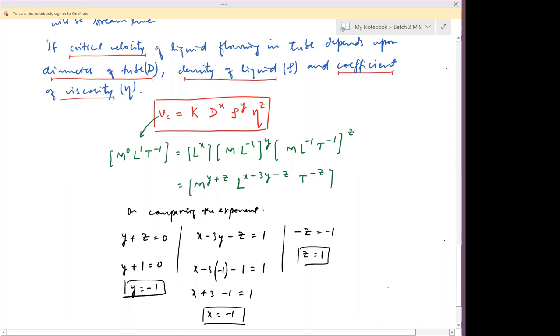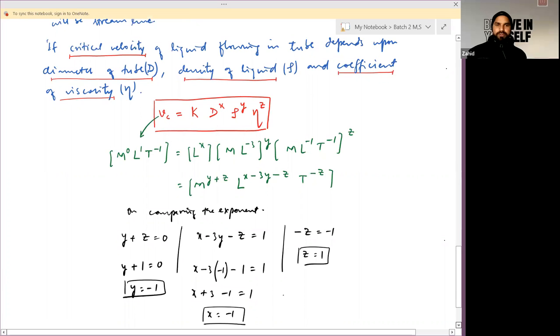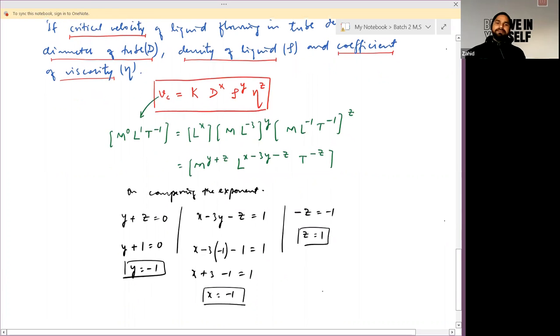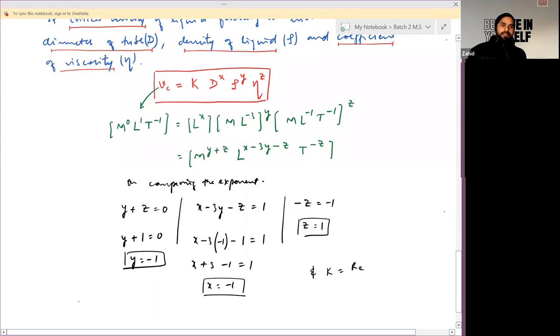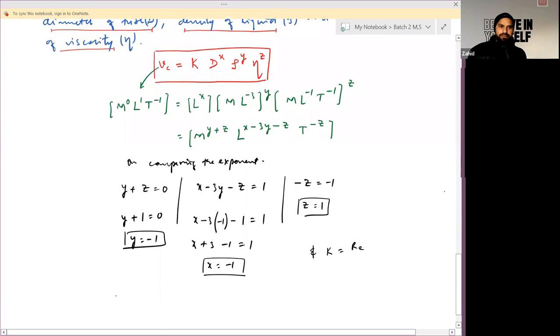Yes, sir. Good. Now, if you put all these values in the above equation and replace the constant K by RE, so velocity equals RE times d raised to x, which is minus 1, rho to y, minus 1, and eta raised to z, which is 1.